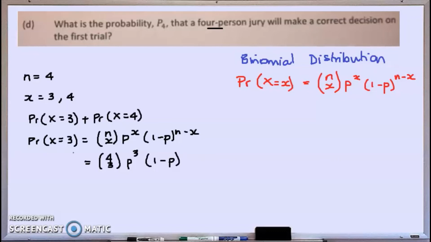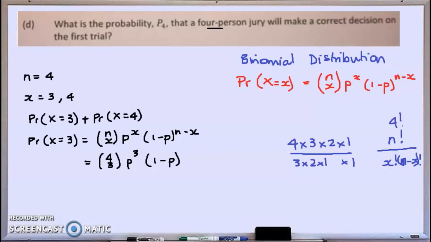Now remember, 3, that is 4 times 3 times 2 times 1 over 3 times 2 times 1 times 1. Remember, we get that from n factorial over x factorial and n minus x factorial. So that would be 4 factorial over 3 factorial, 1 factorial. And that's how we got that.